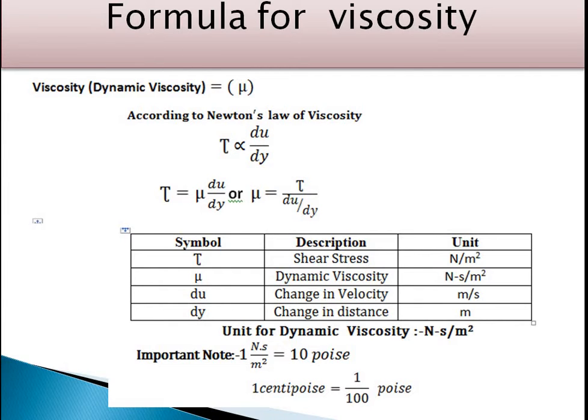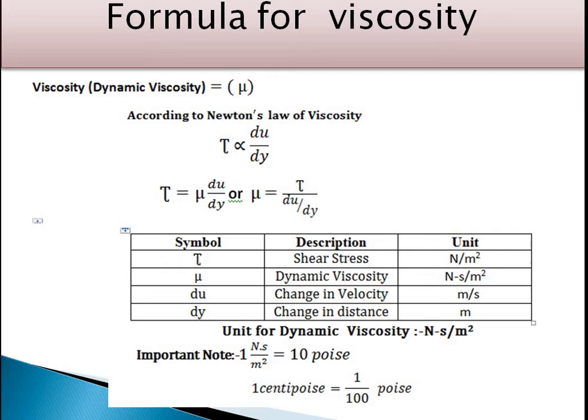Now it is important to know that 1 Newton second per meter square is nothing but 10 poise, and 1 centipoise is 1 by 100 poise. Poise is another unit used for showing viscosity, because in many applications viscosity is shown in poise format only.